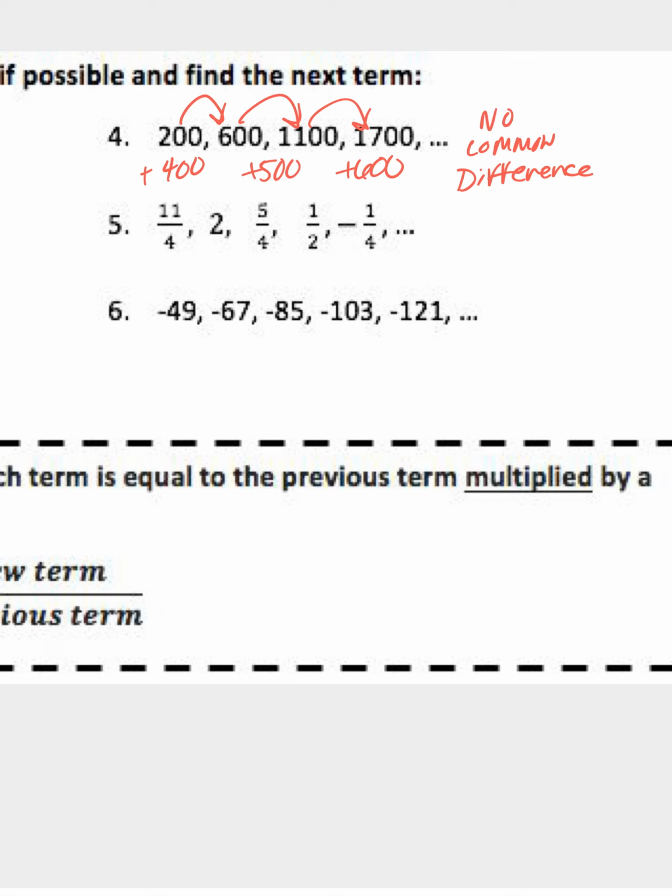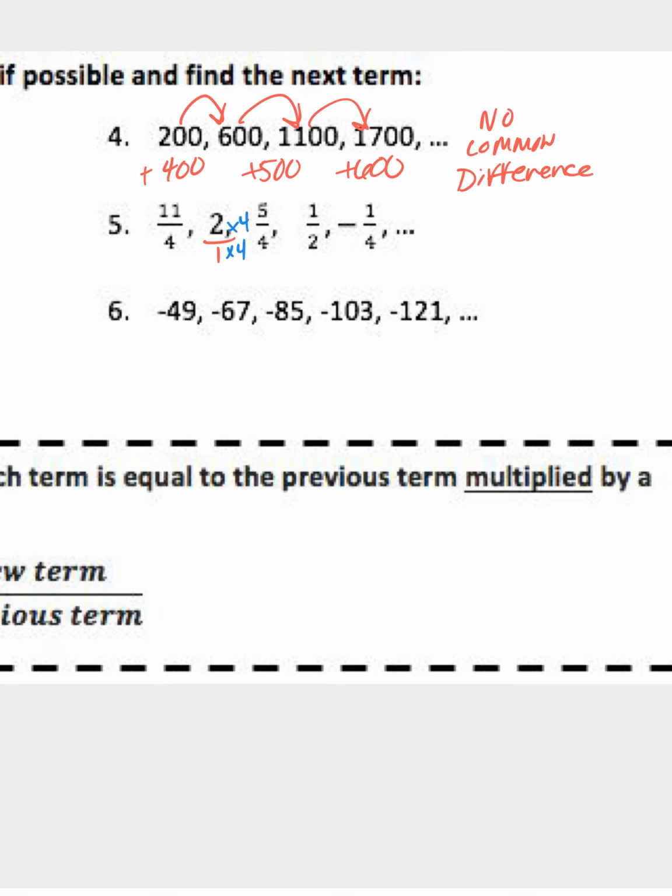Alright, example 5. Remember, it's new term minus old term. So this is a whole number, and we're subtracting it from a fraction. Now remember, we can turn any whole number into a fraction by putting it over 1. And for subtracting fractions, we need to make sure that they have a common denominator. In this case, the common denominator is 4, so I need to multiply by 4.